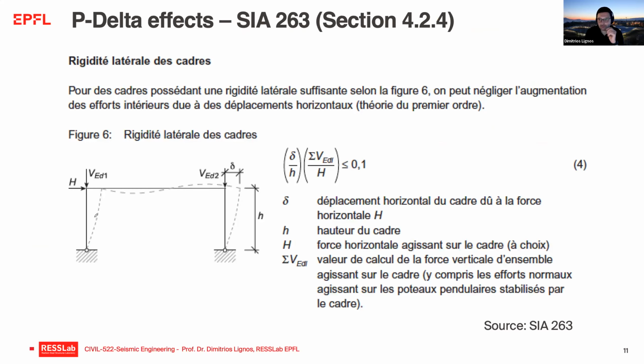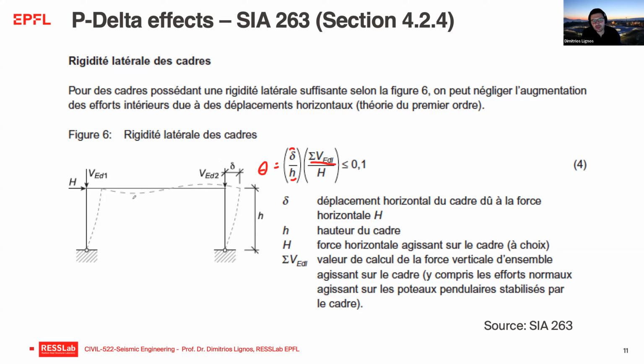Now, in our design standards, in this case SIA 263, but also in 262, the stability coefficient is there. So here's the quantity called theta. Be careful a little bit with the notation. Delta here corresponds to what I was writing before, delta R. H is the same.